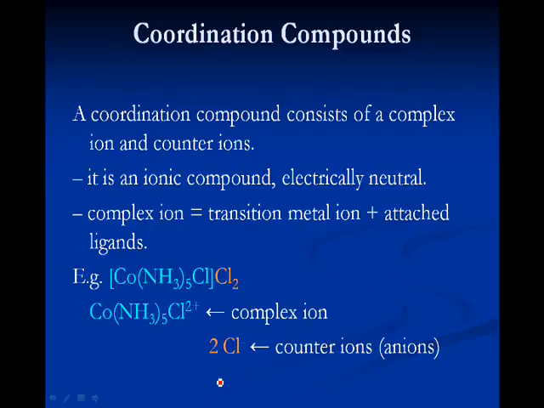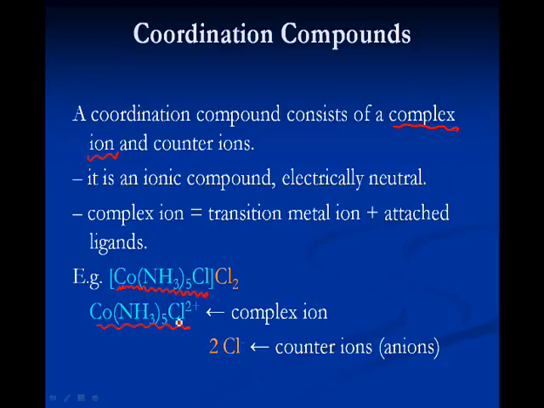These are called coordination compounds. A coordination compound is the complex ion that we were just looking at and a counter ion. It's an ionic compound. It's electrically neutral, but this thing called the complex ion, and here we have one of them right here. So when you see those, you need to recognize these as complex ions.